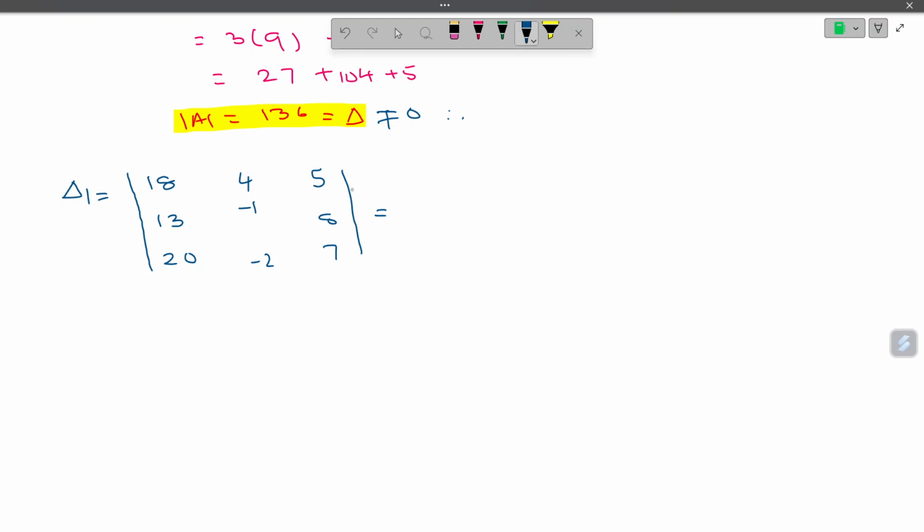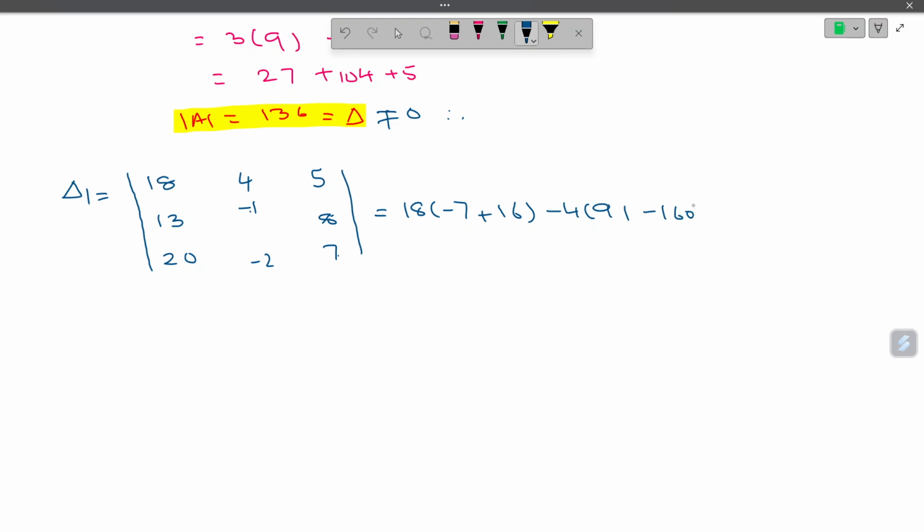Expanding by R1, 8 into this column and this row: minus 1 into 7 is minus 7, minus 8 times 2 is 16, so this becomes plus 16. Then minus 4 of this column and this row: 13 times 7 is 91, 8 times 20 is 160.